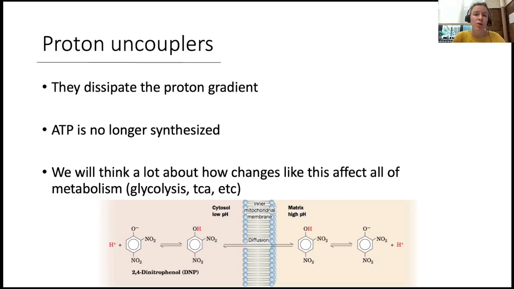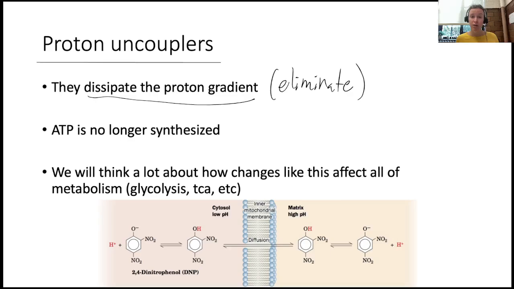The last thing to note here is kind of a big picture idea that we'll talk about more together. Proton uncouplers are an interesting type of molecule to think about with electron transport and ATP synthase, because what they do is dissipate the proton gradient, or you could say eliminate the proton gradient, so that the concentration of protons on either side of the membrane is equal.